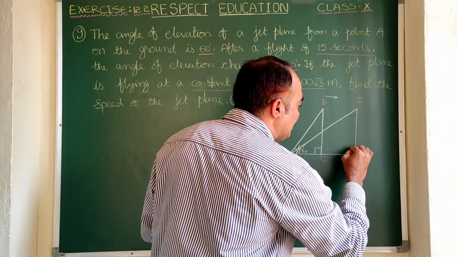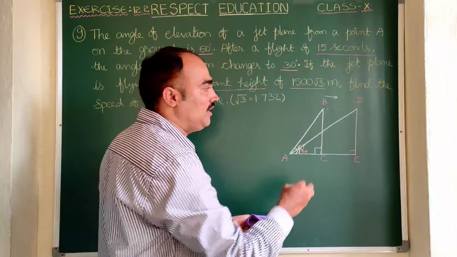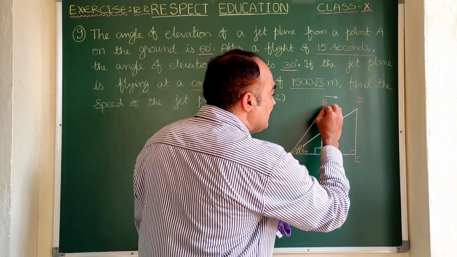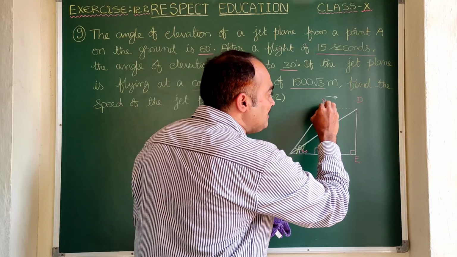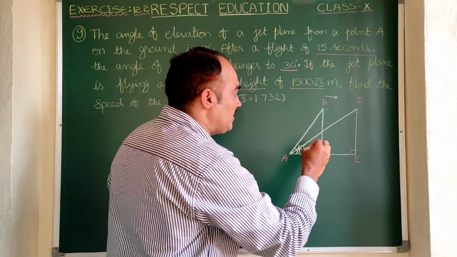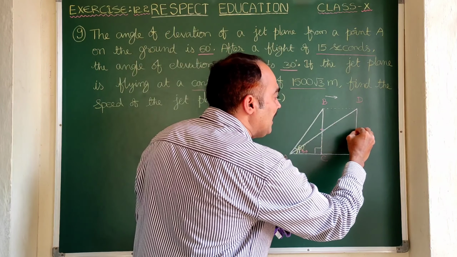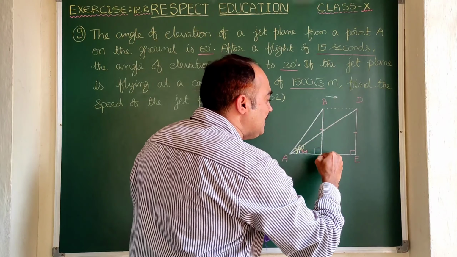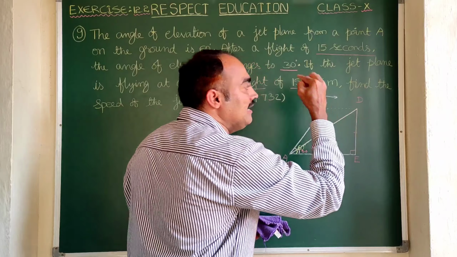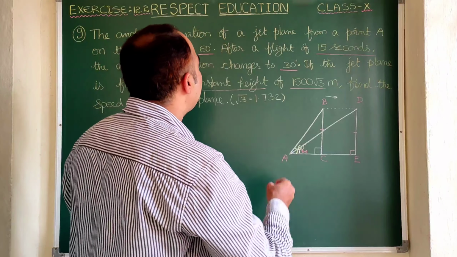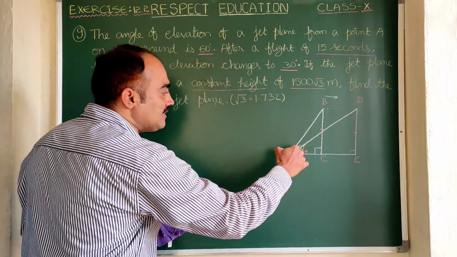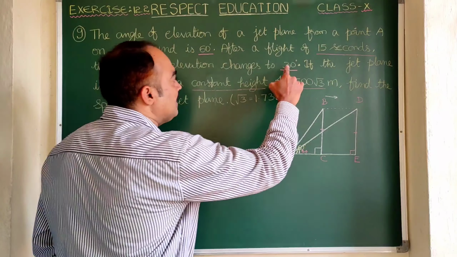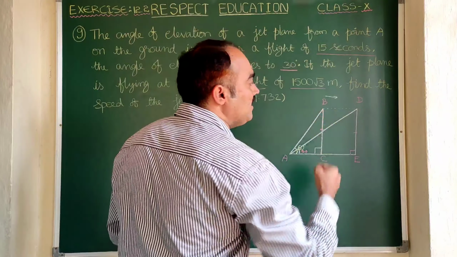As you know, angle E is again 90 degrees. So the meaning is that it maintains the constant height. That means this height and this height are both equal. So in fact BCED is a rectangle. Now 60 degrees is shown in the figure, and 30 degrees is shown after 15 seconds.